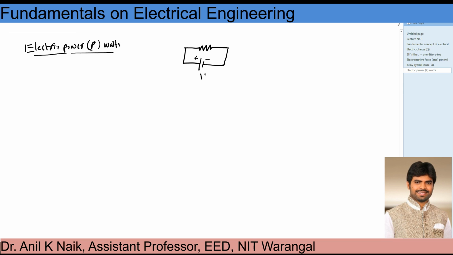Whenever you are connecting this resistance R across the AB terminal, and we are giving some potential to this particular resistance, it is going to constitute some current I. When this current is flowing through this particular resistance, it will dissipate the electrical energy, or dissipate the power.